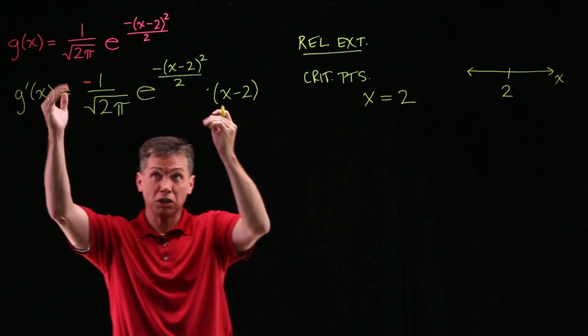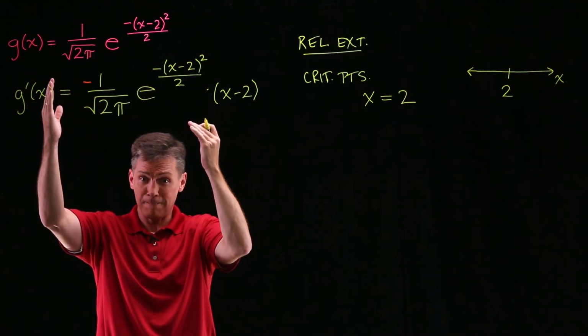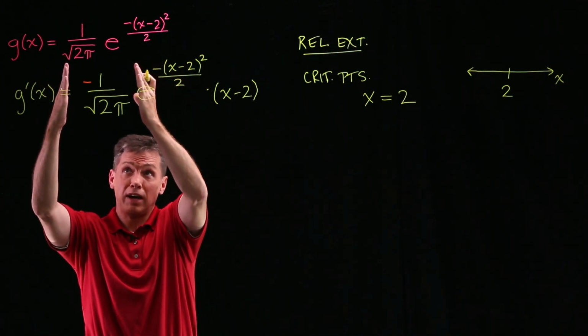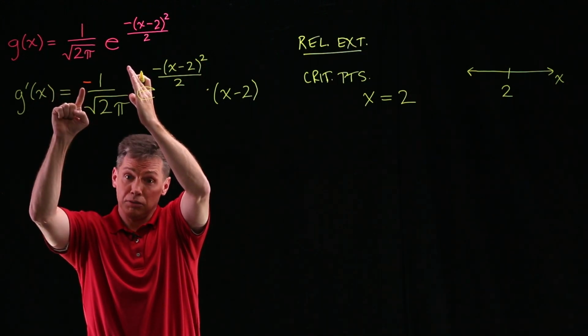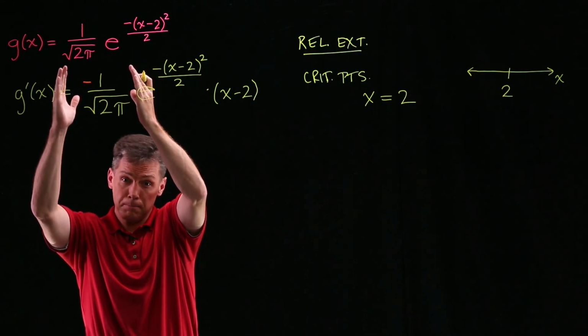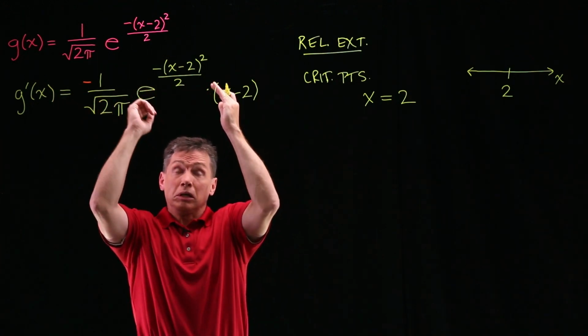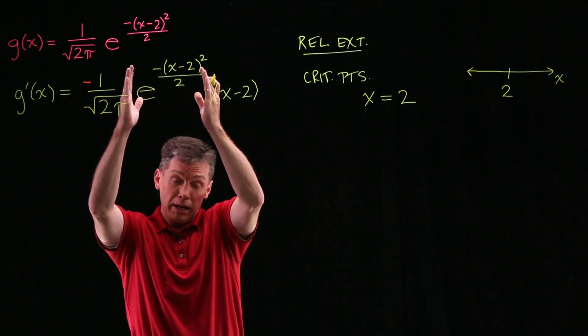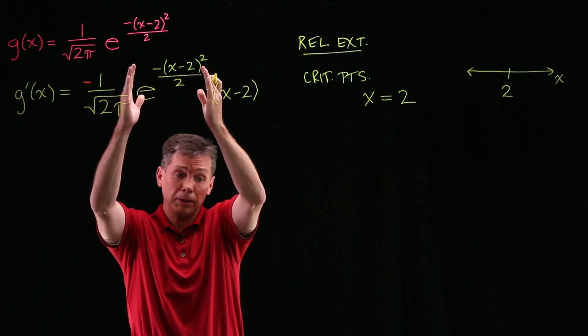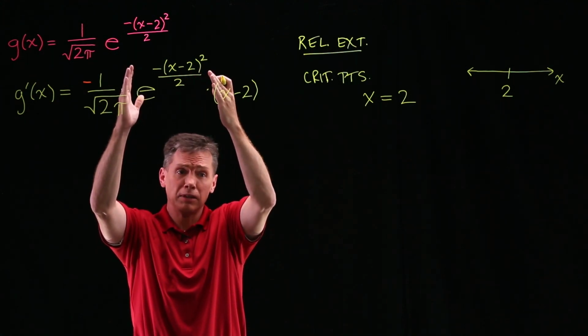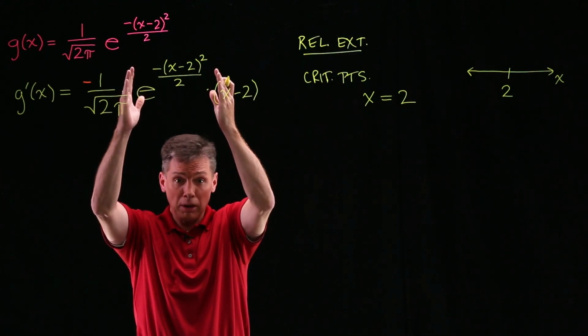So let's break down the chunks again. These chunks are factors. This factor is my constant factor. It's always negative. So I have something negative times, and now I'm plugging in my value for x, but this second chunk is that exponential again. E raised to anything is always going to be positive.